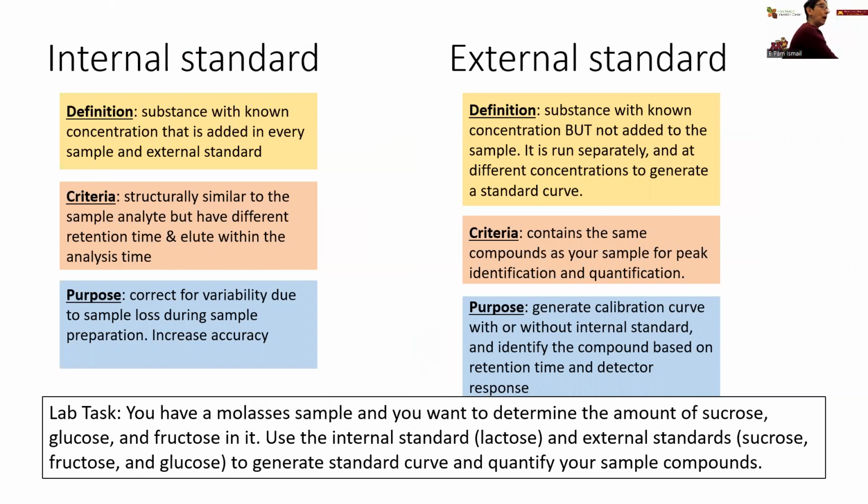You get a standard and you have a known concentration of that standard. The three criteria I mentioned: structurally similar, different retention time, and elutes within the analysis time. The purpose is to correct for any variability or sample loss during preparation, so to correct for any errors and enhance your accuracy.